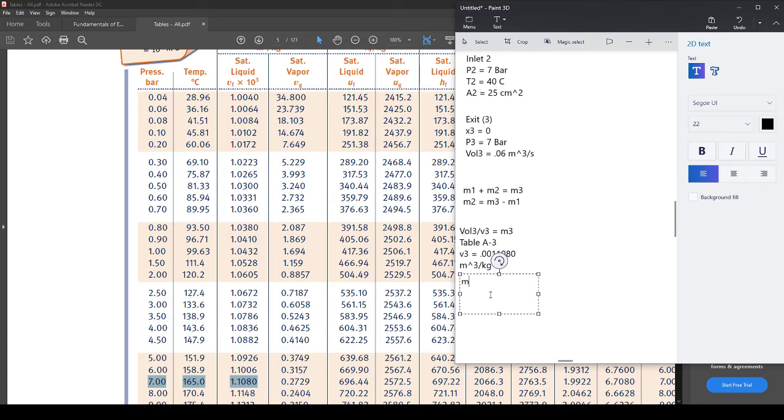But essentially, we have m3 is then equal to the volumetric flow rate, which is 0.06 meters cubed per second, divided by 0.001108. And if you do that math real quick, somebody, if not, like I said, I will do it.